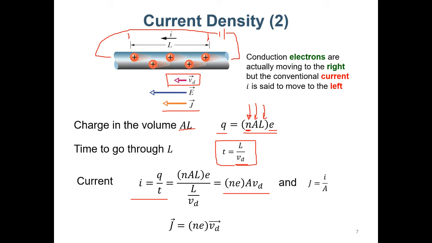And as long as we consider J uniform, we can simply write I equals JA. Originally it's an integration, but if it is uniform, then it's nothing but a multiplication, J times A. So J is I over A. We divide by A on both sides, then we have J equals NeVd.